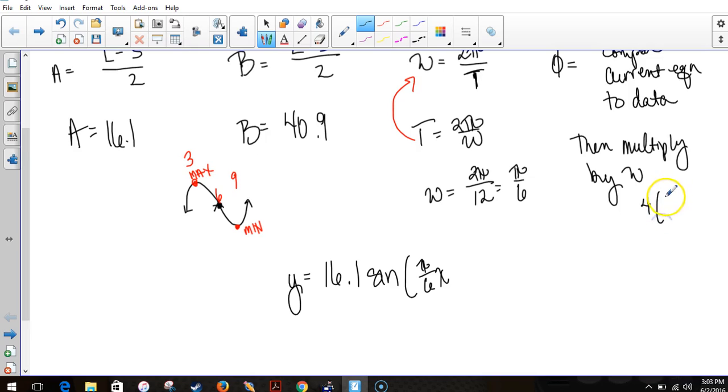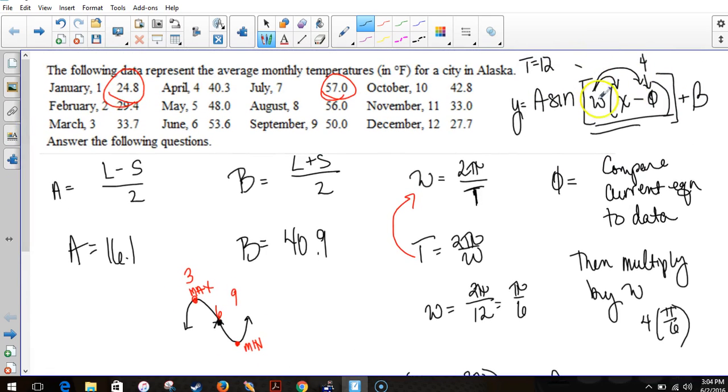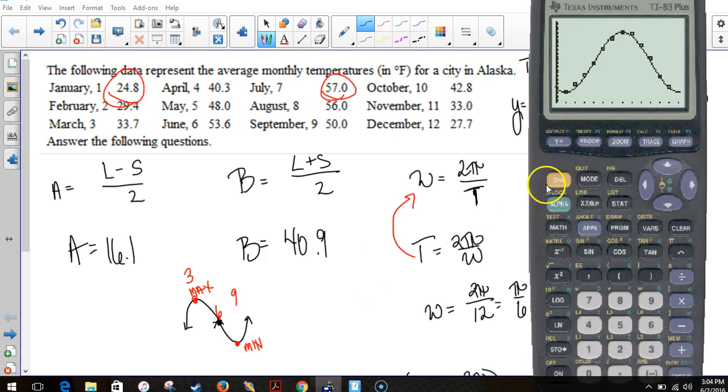So 4 times pi over 6 is going to be 2/3, and of course it's still negative because I have the minus sign, plus the 40.9. This is what you would see in a textbook if you were given a model to graph. But when you're working backwards and trying to put that model together, it's a lot easier to look at it as already being separated. So let's see how close we got using this by hand.